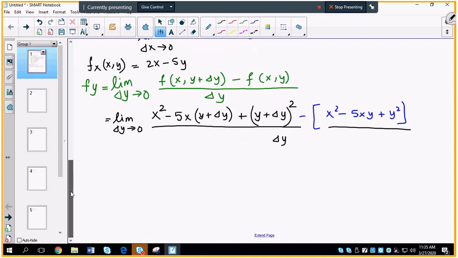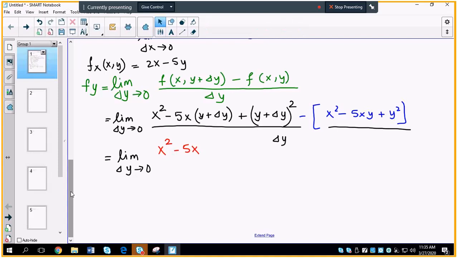Simplification. So I'm going to go ahead and say that this is limit delta y goes to 0. Remember, your x terms are not changed, so those are the easier ones, minus 5x. But then you are going to say that it is going to distribute over y, so I get minus 5xy. I will also get minus 5x distributed over delta y, so I get minus 5x delta y.